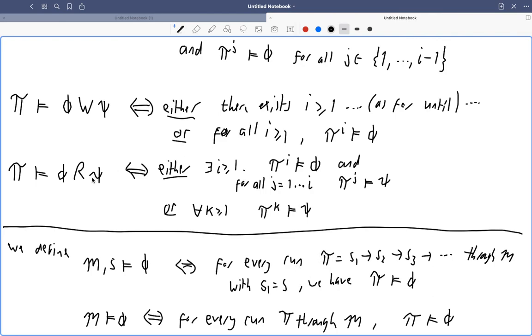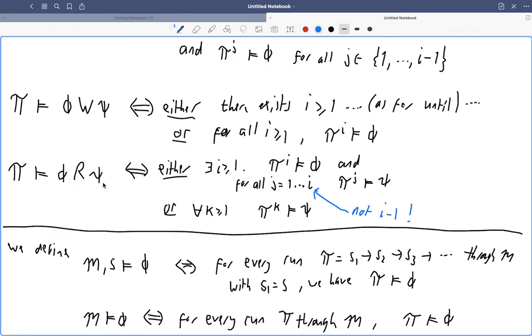So it's sort of like a backwards until. It's now psi holding until phi holds, but phi does not need to hold, like the weak until. But in this case, at the point that phi does hold, psi must continue to hold. The important thing to notice is that this is not I minus 1.